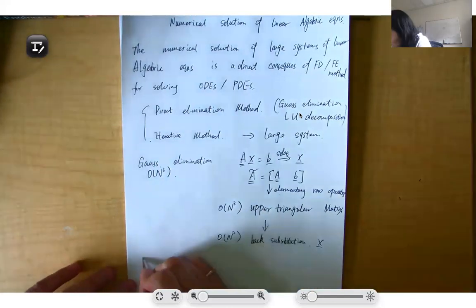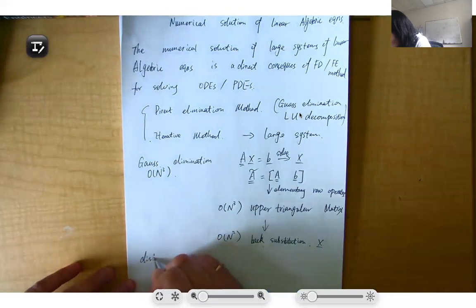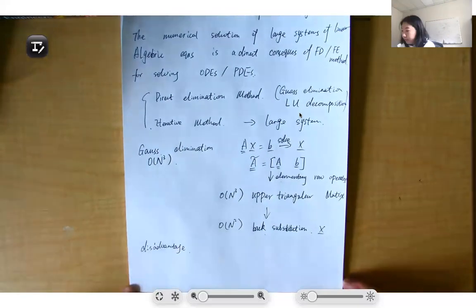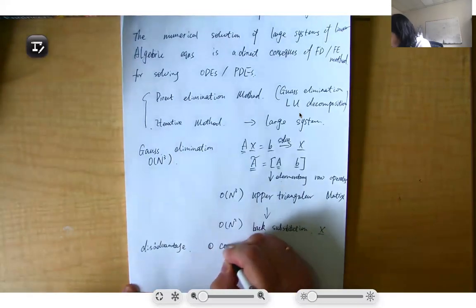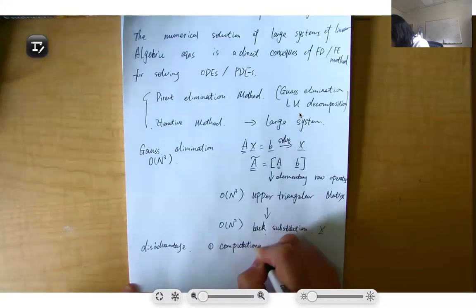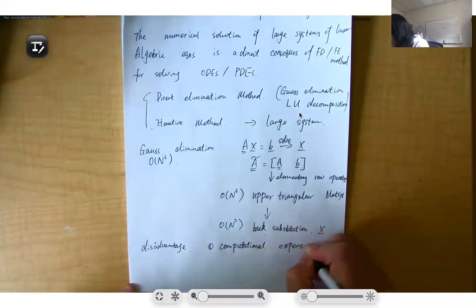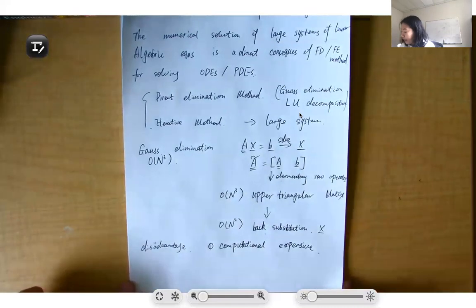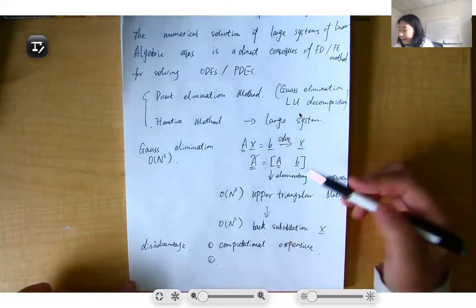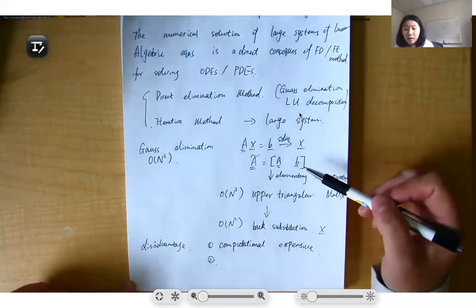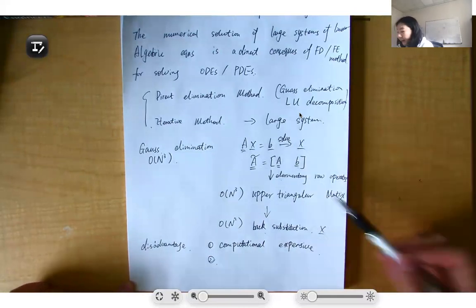We talked about one disadvantage of Gaussian elimination before, which is that it is computationally expensive. We also notice that for Gaussian elimination we have to know the B part. B has to be known in order to build the augmented matrix and to do the back substitution.